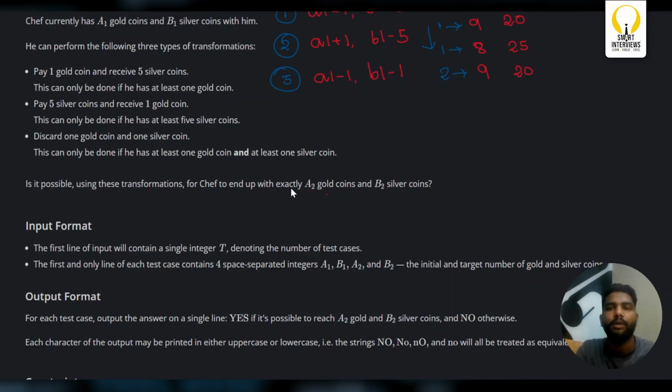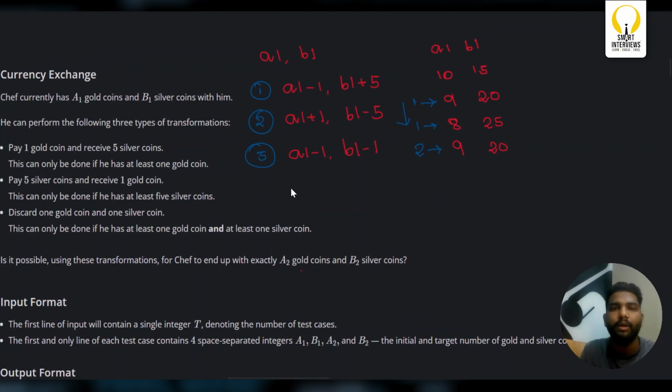Now we have A1 and B1. Let's say A2 B2 is 5 and 10, and sometimes 7 and 0, and 9 and 20, something like this.